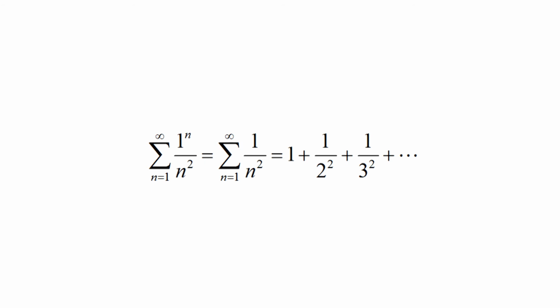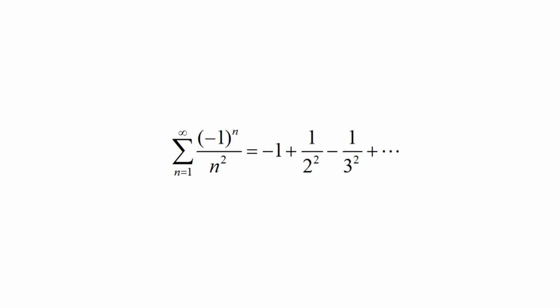If x equal to 2, the series is summation negative 1 to the power n upon n square where n from 1 to infinity, which is equal to minus 1 plus 1 upon 2 square minus 1 upon 3 square plus etc. Since this converges absolutely, the interval of convergence of the given series is the closed interval [2, 4]. Since 3 is the midpoint of the interval, the radius of convergence is r equal to 1.